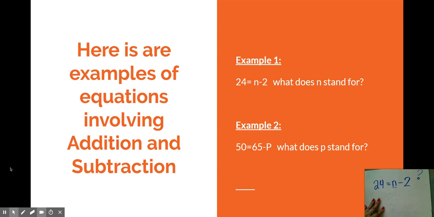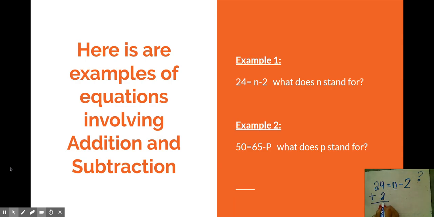Well, we don't know yet. So what we're going to do is we're trying to figure out what number, if I subtract 2, would give me 24. Well, I know that the opposite or the inverse of subtraction is addition. So it says to subtract 2. Instead of subtracting 2, I'm actually going to add 2.